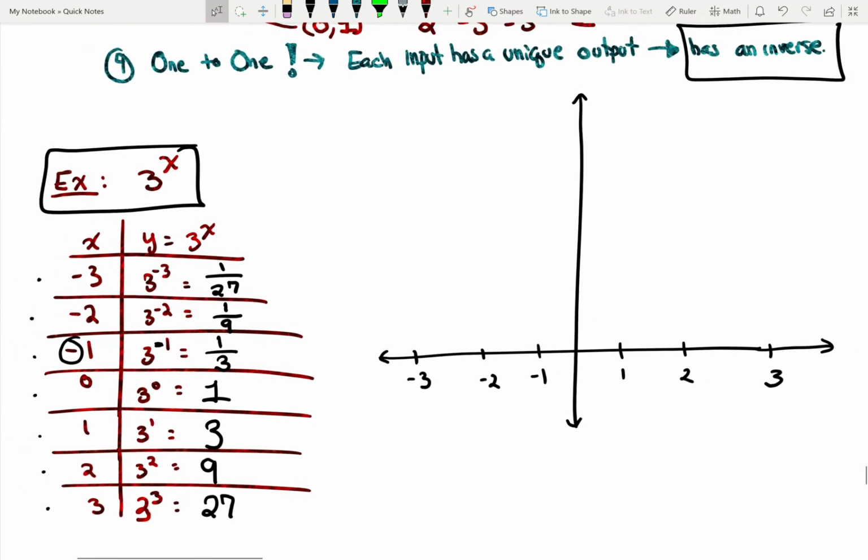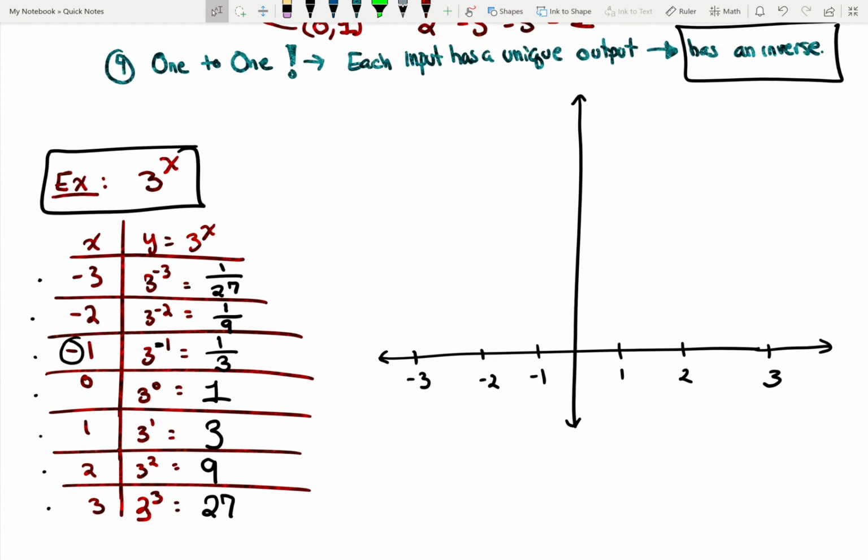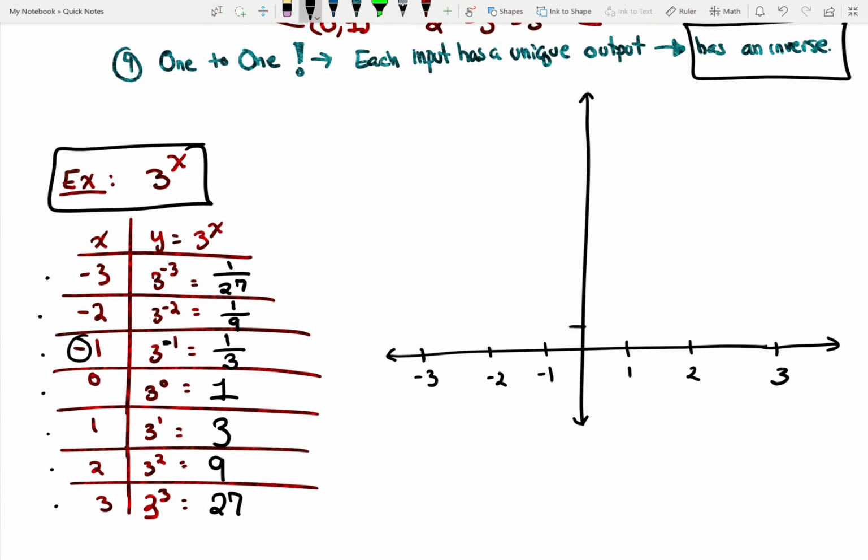Okay, so I'm going to go ahead and plot these points. Let's just say this is 1 over 27. This is 1 over 9. This is 1/3. This is 1. 3, 9, 27.